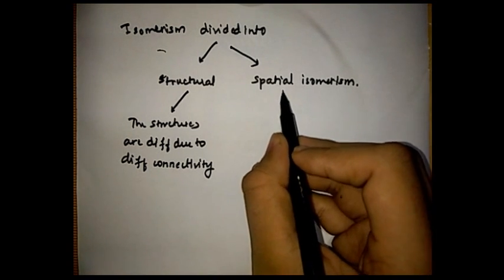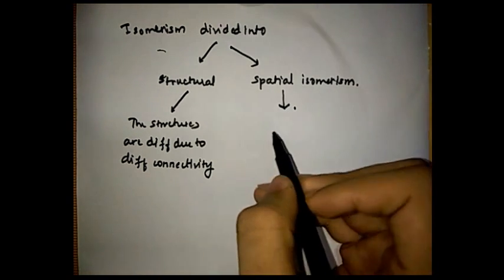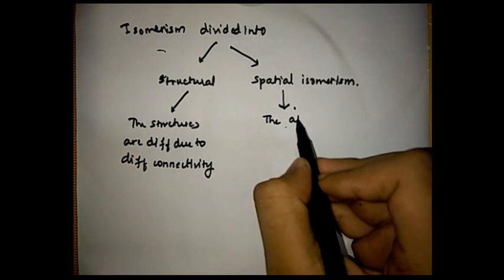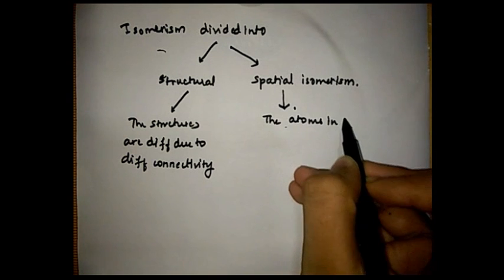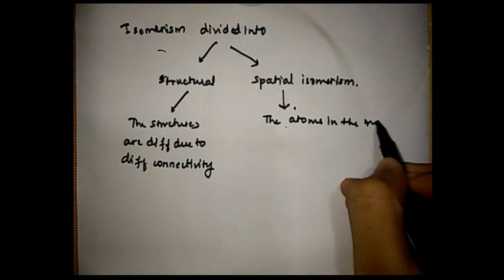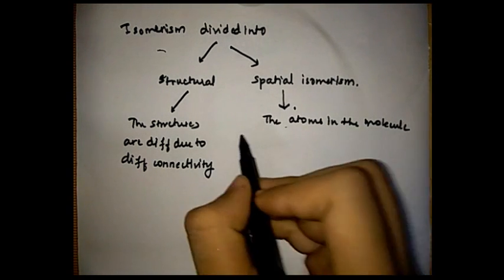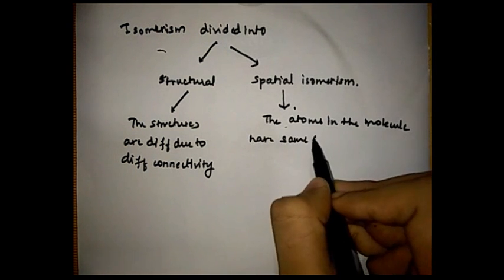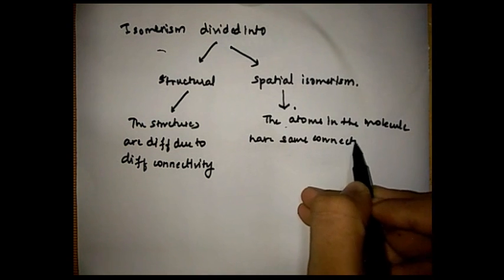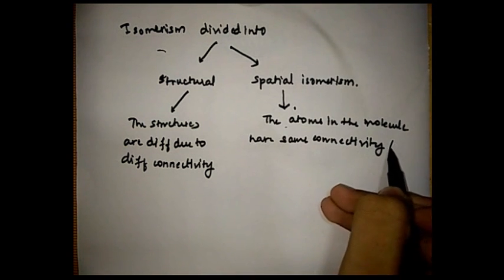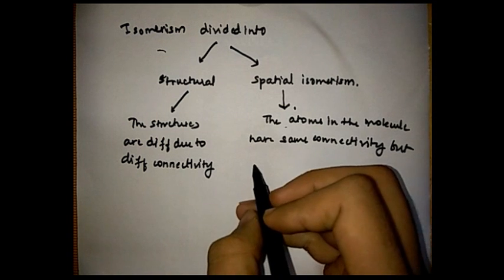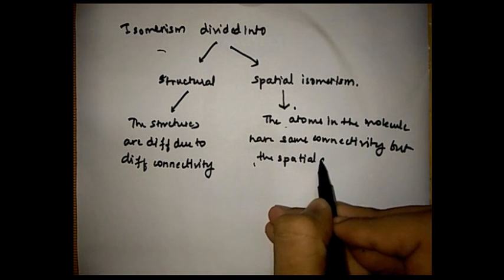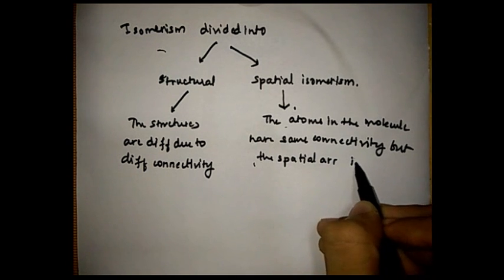In spatial isomerism, the atoms in the molecule have the same connectivity but the spatial arrangement is different.